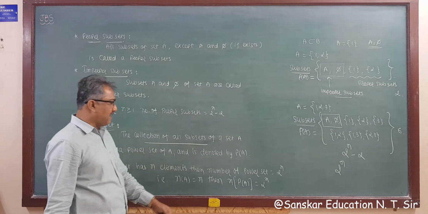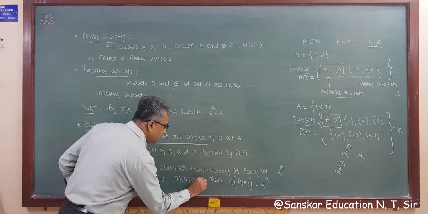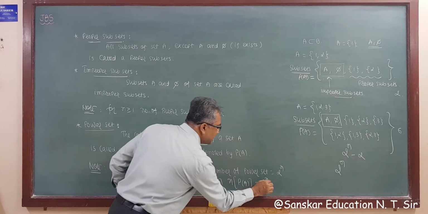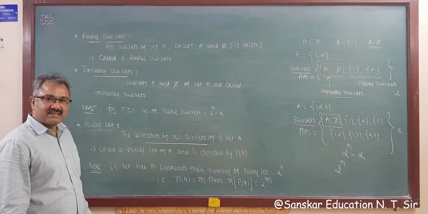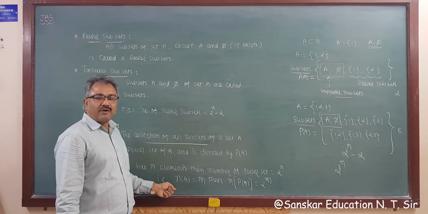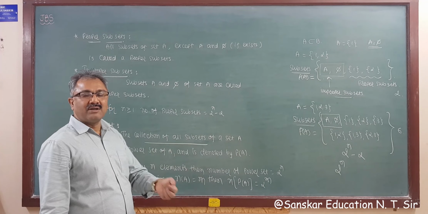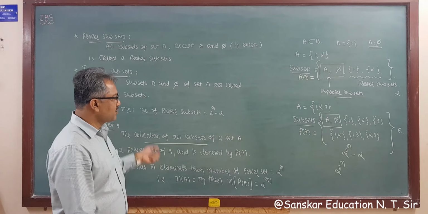If you are confused with this n, then you can put m here. Then the number of elements in the power set is 2 raised to m, right? So this is your definition for the number of elements in the power set of A, and this is a very important formula for MCQ or VSQ, very short questions, right? Okay, so remember this.